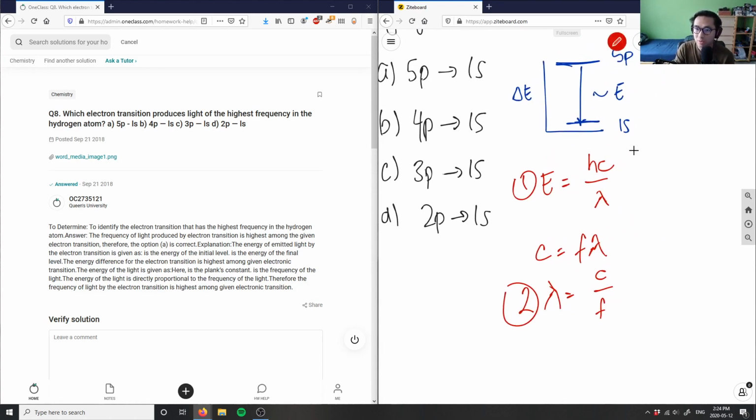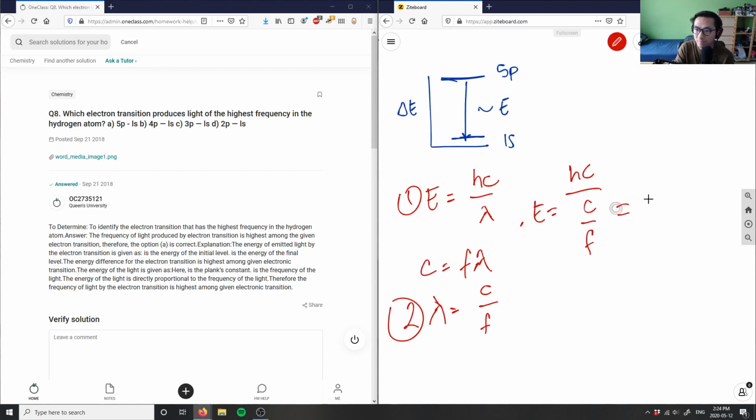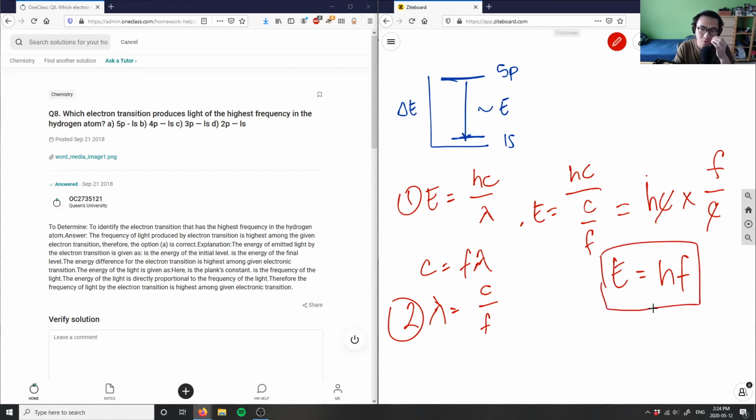So I'm going to have E equals hc over c over f, or you could rewrite this as hc times the reciprocal, f over c. The c's cancel out, so my energy is simply h times f. This is going to be my proportion. Energy equals Planck's constant times our frequency.